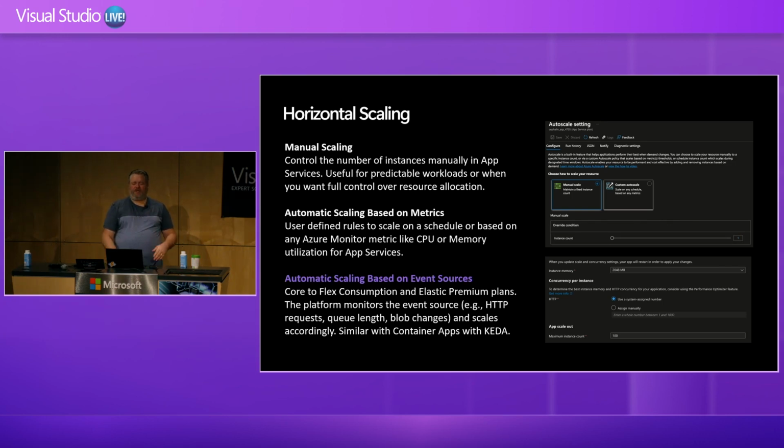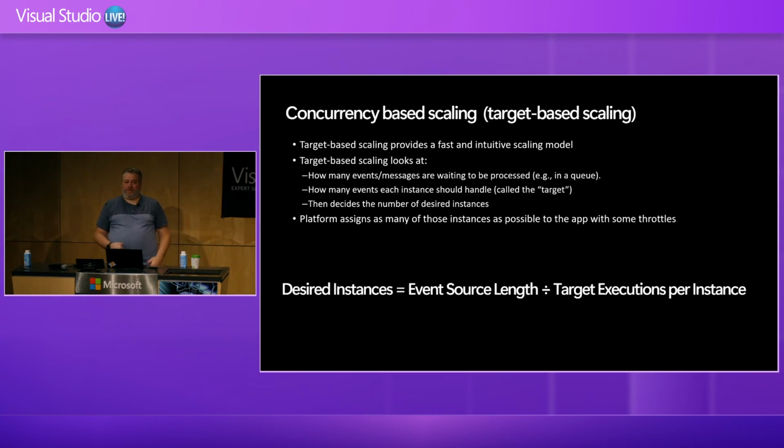All right, so we talked about vertical scaling, being able to scale up the size of each instance, and then horizontal scaling, getting that size into multiple instances to all process from the event source. The next important topic here is concurrency.